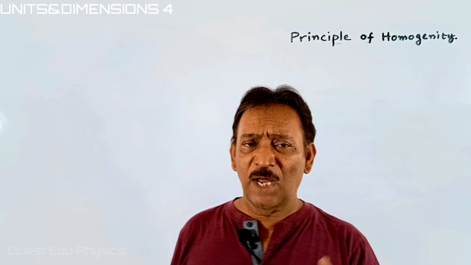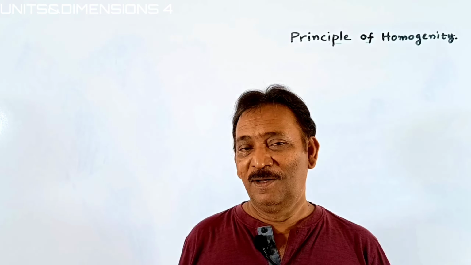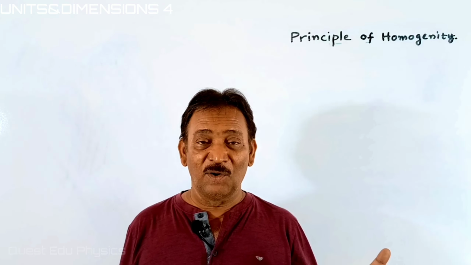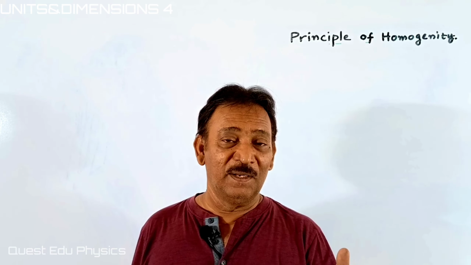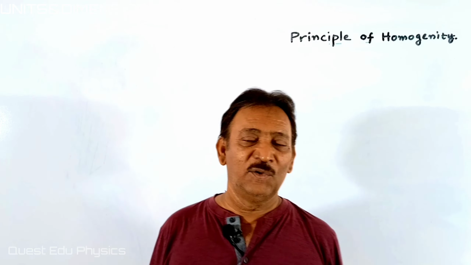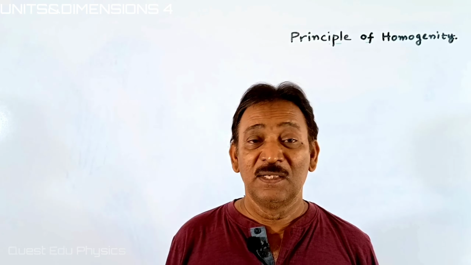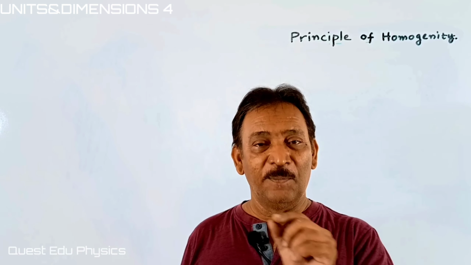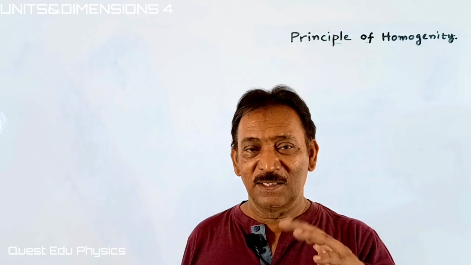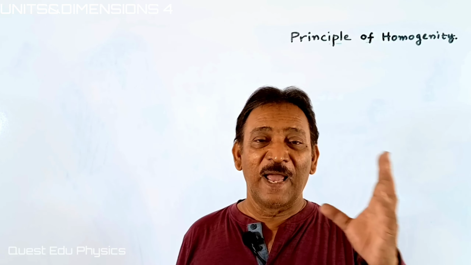Same type of things can be added, same kind of things can be subtracted, and same kind of things can be equated. The same sentence we are utilizing in principle of homogeneity. Same physical quantities can be added, same physical quantities can be subtracted, and same physical quantities can be equated.